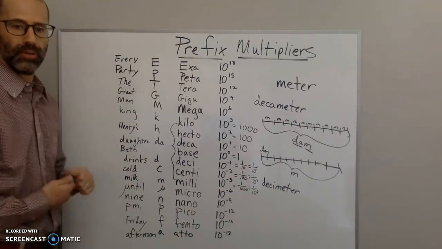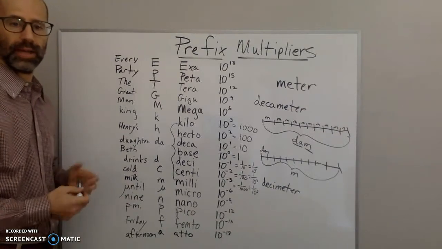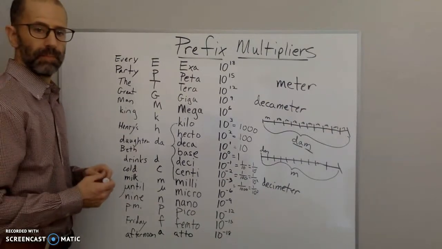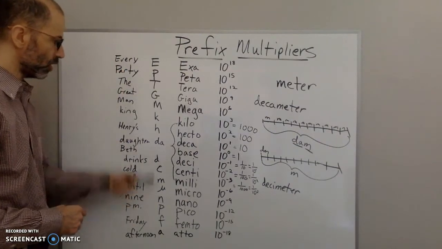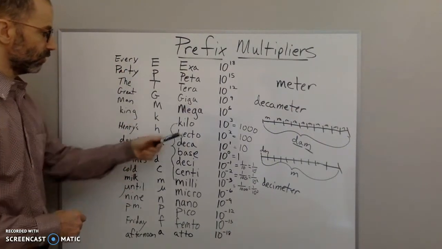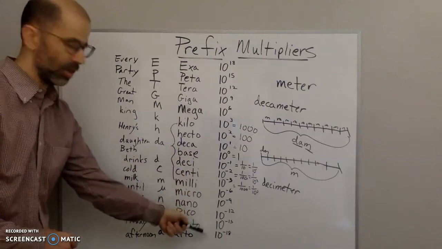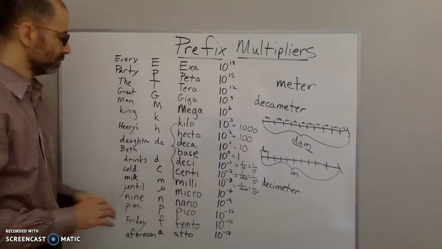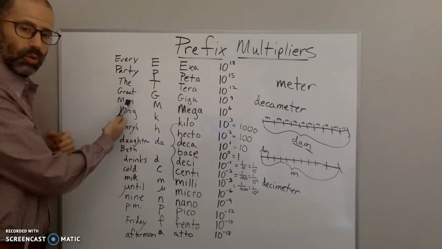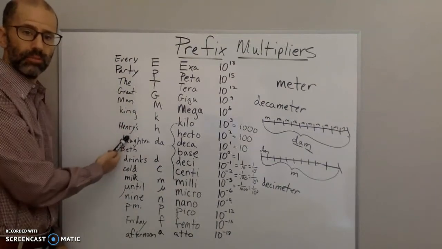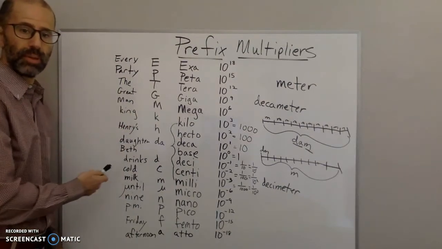There are a couple of ways you can remember this. One way is a mnemonic device. You need to know the order of the prefixes so you can remember the prefix multipliers, and I'll talk about this in a moment. One way is coming up with a sentence that will help you remember.